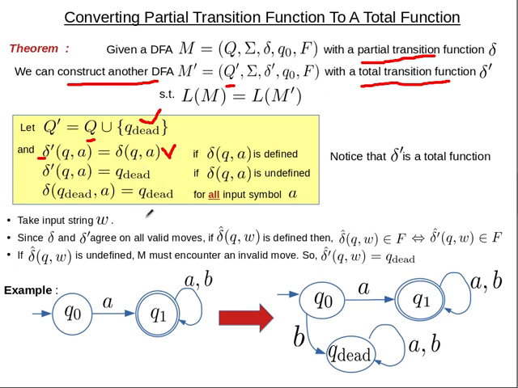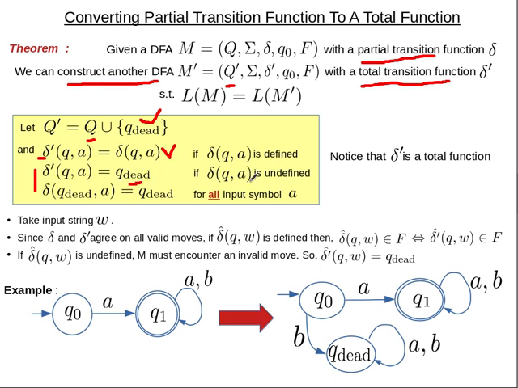But in order to make it total, we need to define these kinds of transitions because we have introduced this new state. This says that if the transition on A is undefined in your given DFA, then in your new DFA you move to this dead state.